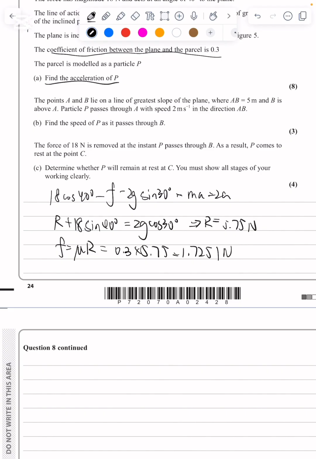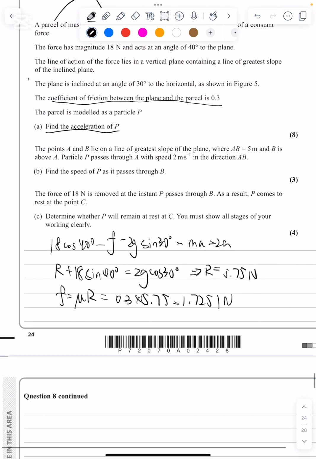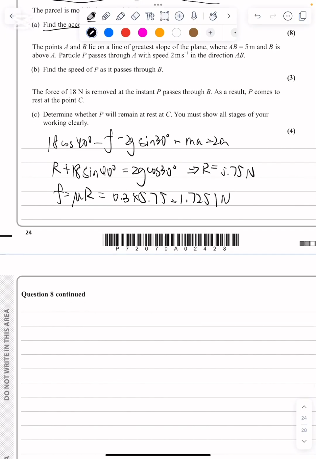I'm just going to write as many significant figures as I need, I think. And then that means 2A equals 18 cosine 40 degrees minus 1.7251 minus 20 sine 30 degrees.